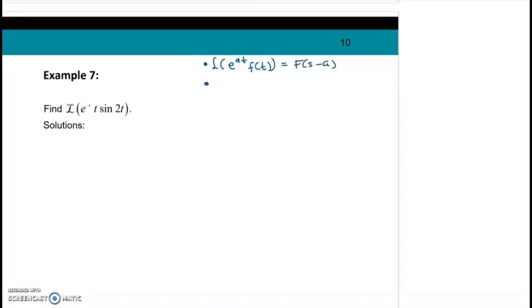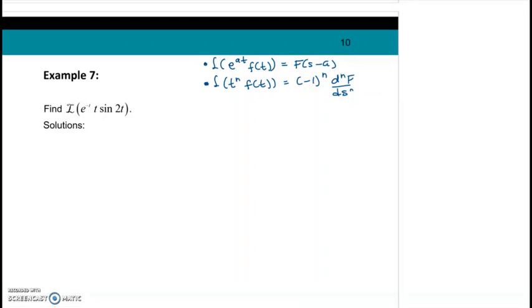We also have the property of multiplication by t power of n, which says that the Laplace of t power of n f(t) is given by negative 1 power of n, d^n F over ds^n, the derivative.